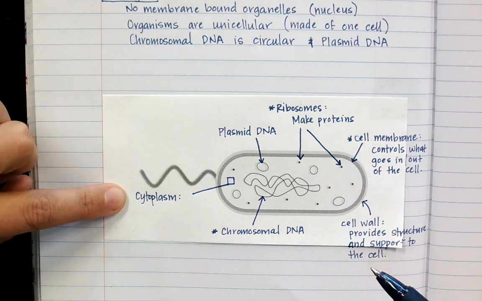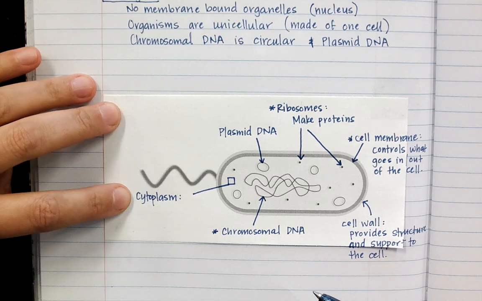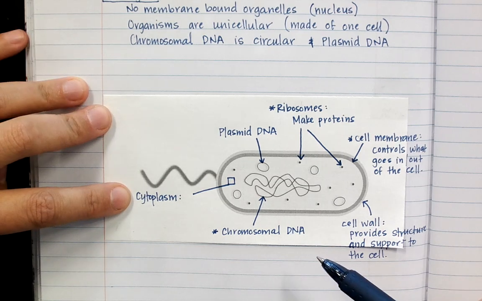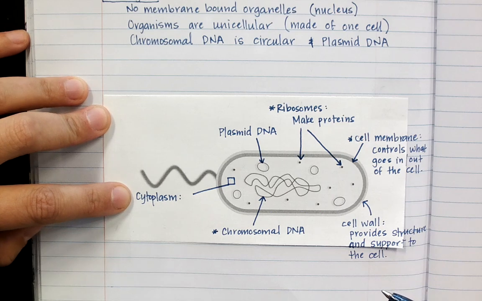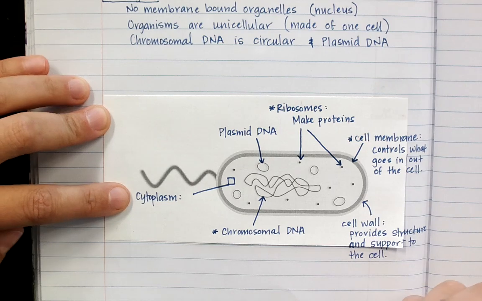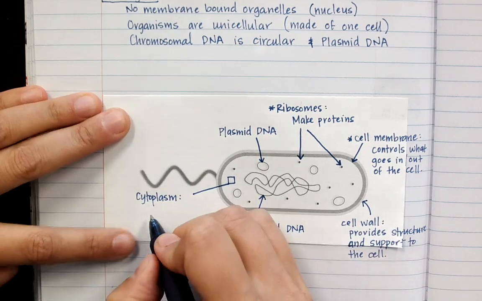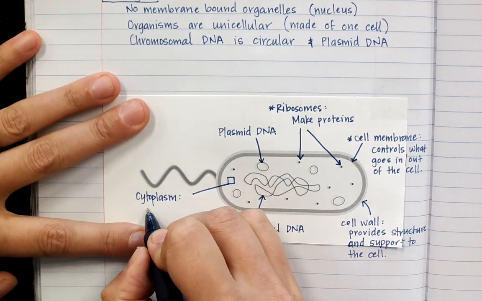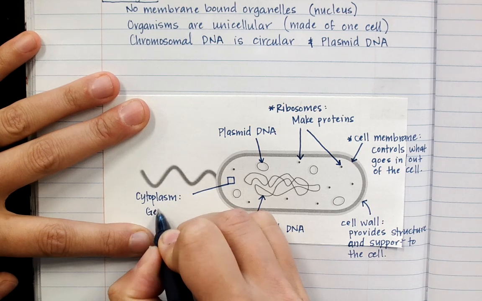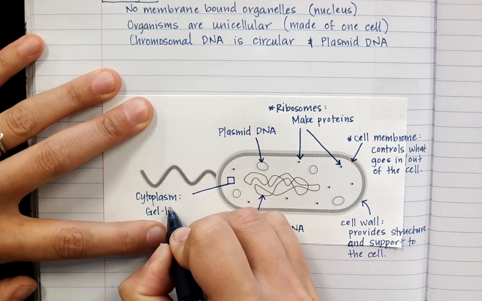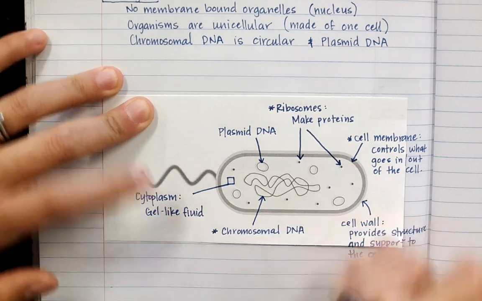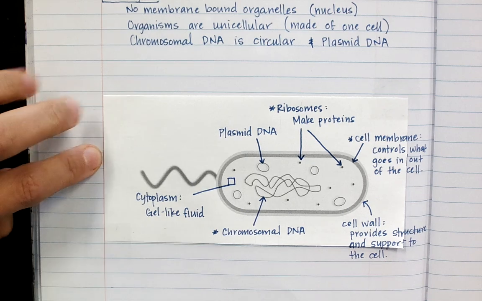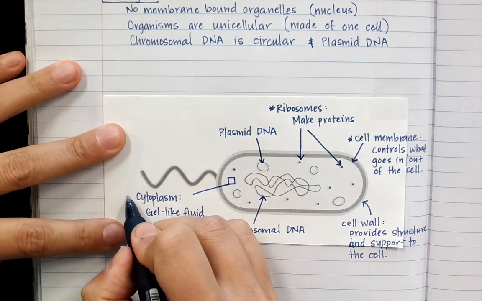So technically, they have something called cytosol. But we're just going to call it cytoplasm because it's the same stuff. It just doesn't have the same stuff floating around in it. So we're going to call it cytoplasm. And cytoplasm is just a gel-like fluid. And that is also going to be found in all cells.